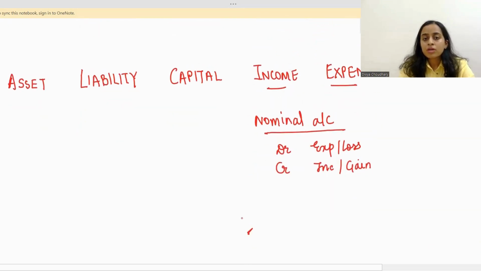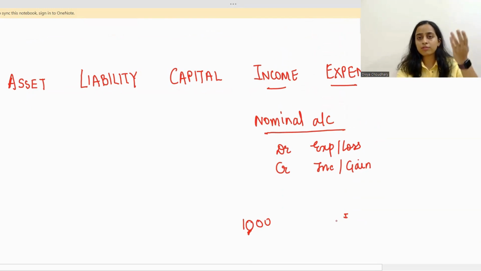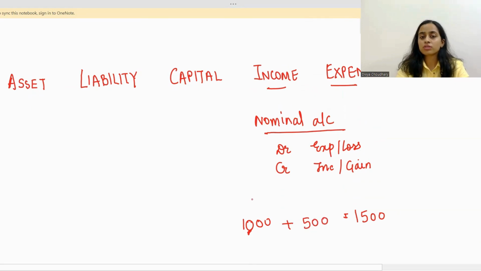Okay. So let's say we have purchased something whose value is 1,000 and you want to sell it further. At what price will we sell it further? We'll try to sell it at less than 1,000, equal to 1,000 or more than 1,000. We'll try to sell it for more than 1,000, right? So let's say we are selling it for 1,500. 500 extra we are charging on cost.